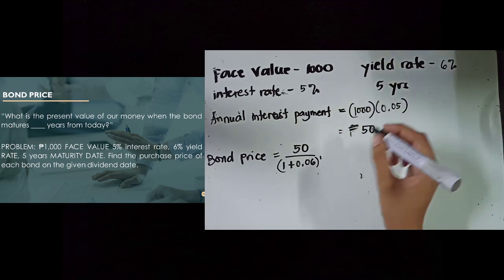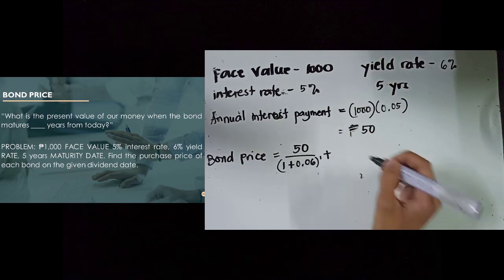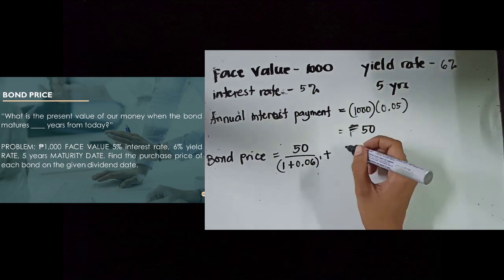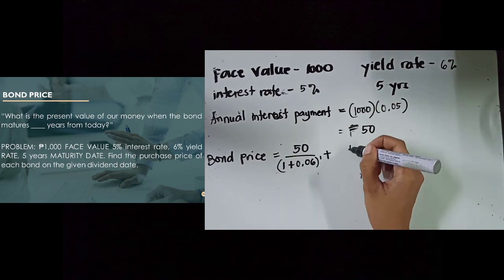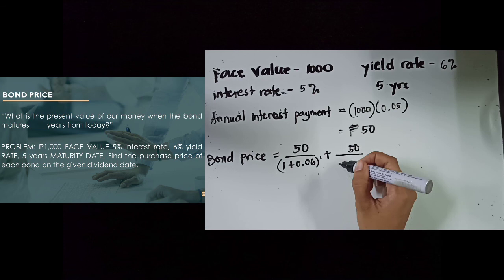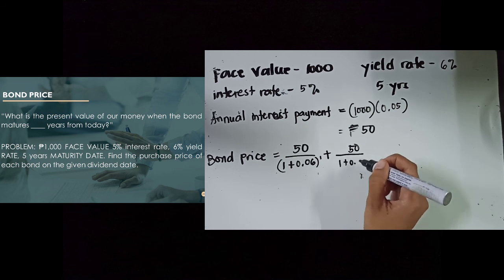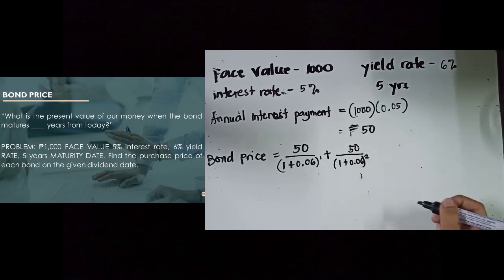Okay? So, next, since 5 years, hanggang 5 po tayo. So, 50 over 1 plus 0.06 raised to 2. Okay?